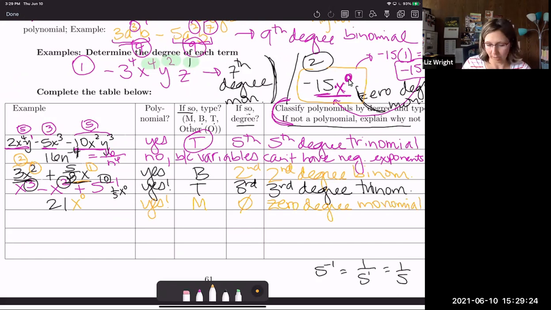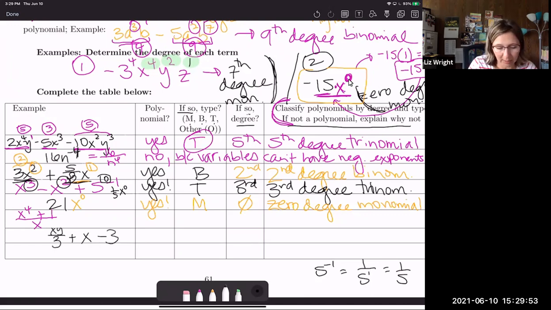We are going to try this next one, and it says x to the 4th plus 1 all over x. I'm going to write up the examples, and then I want you guys to pause the video and try to do these next 3 all on your own, and then I'll work them out as well. The next one is going to be xy over 3 plus x minus 3.